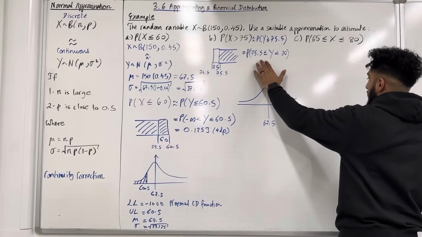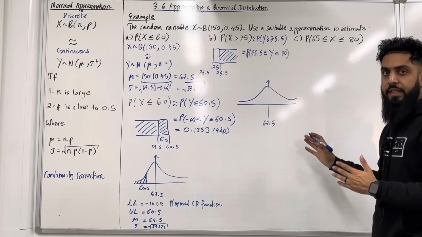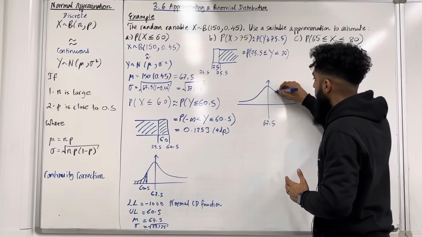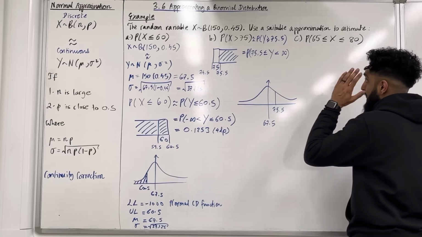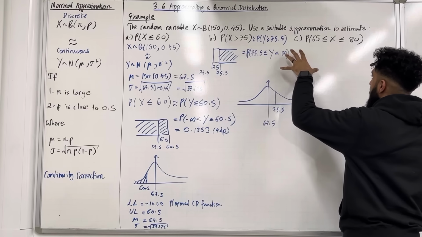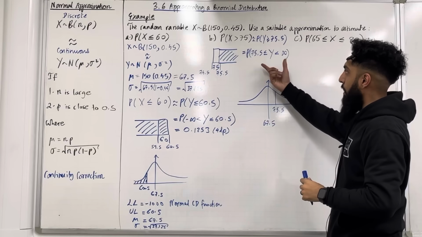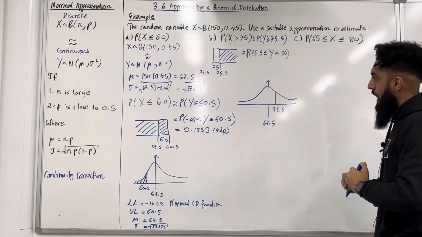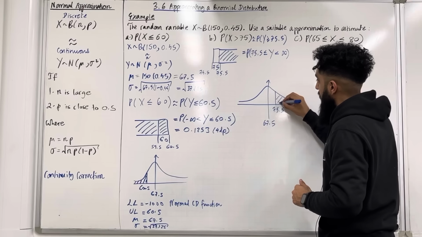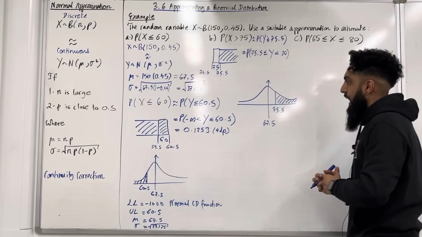The 75.5 is on the right-hand side of 67.5, so it will be somewhere over here. The probability that 75.5 is less than or equal to y, which is less than infinity, represents this area over here. We want to calculate this area.